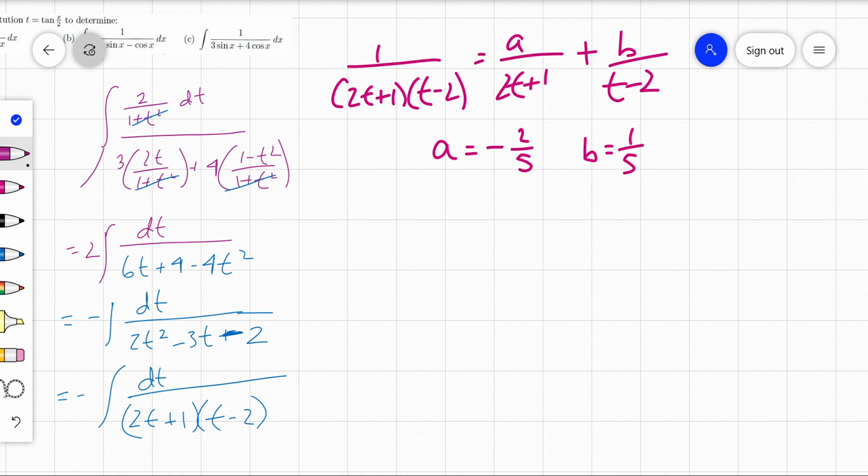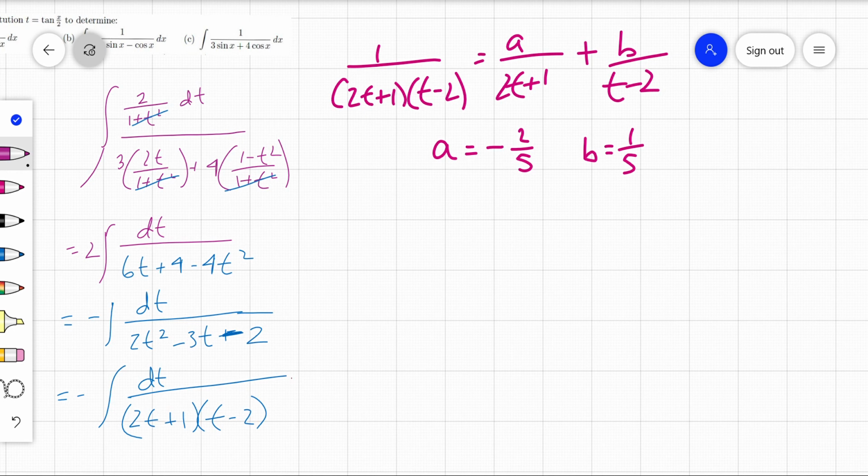So now I can go back and use partial fractions. For A, I need the 2, so I'm going to put the 2/5 here. I've already got a minus, so let me just go again so you can see what I'm doing here.